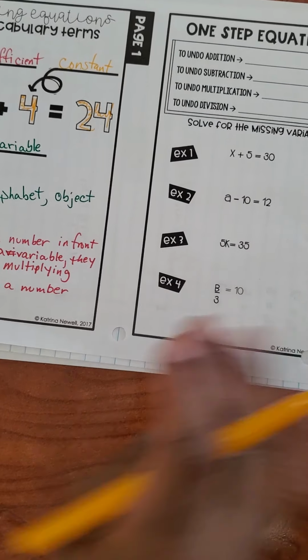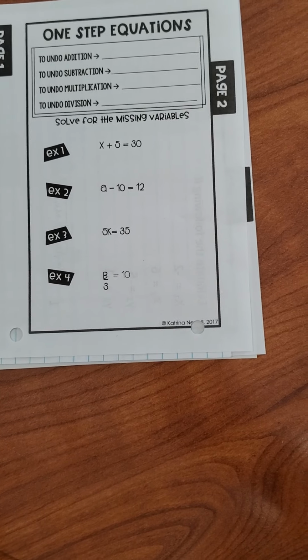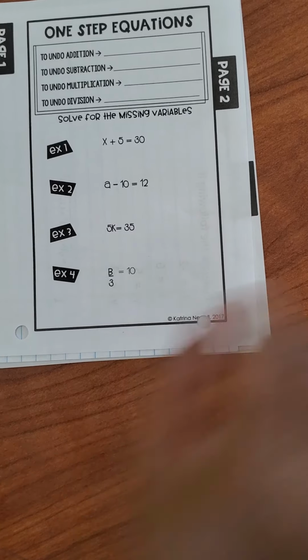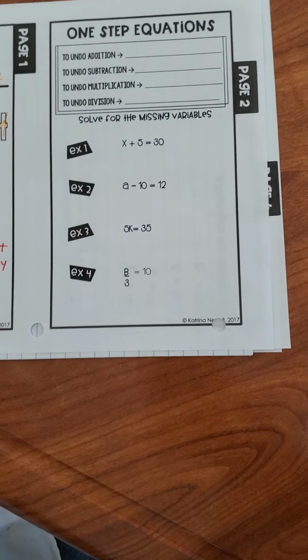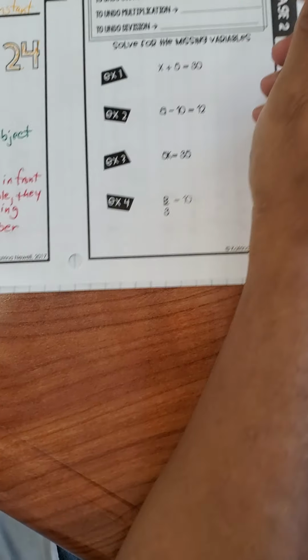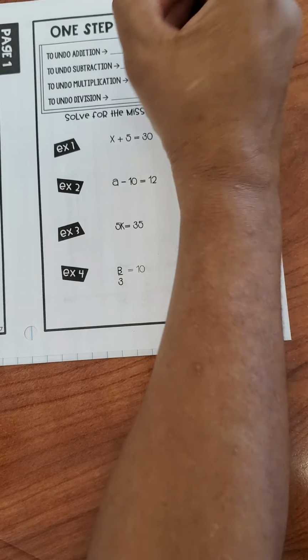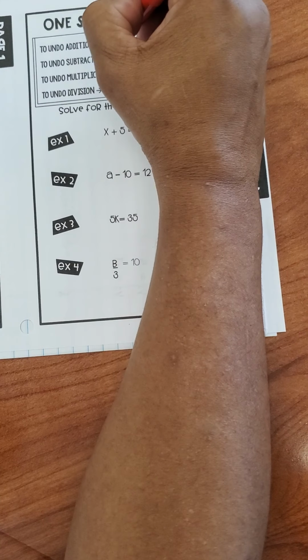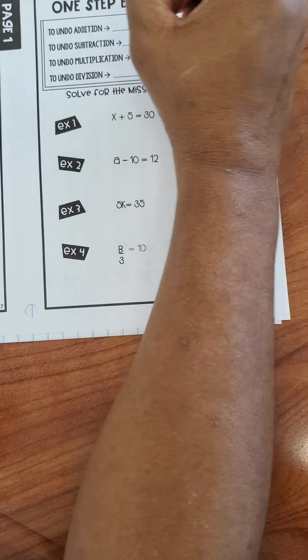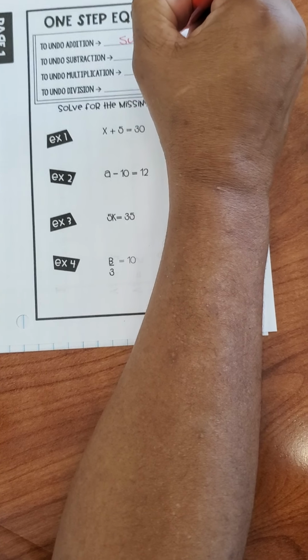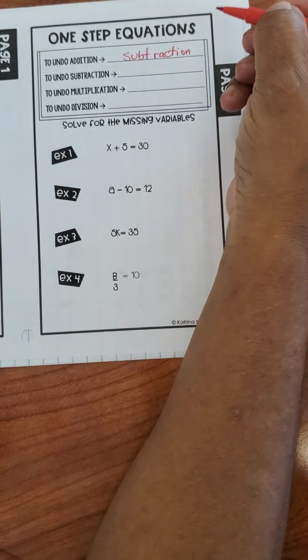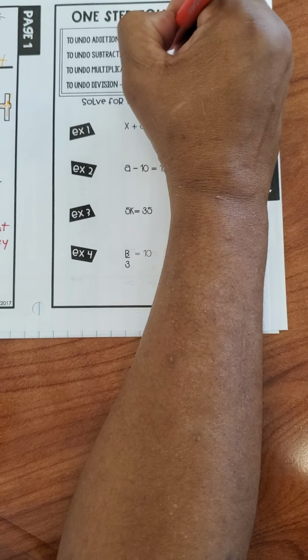Okay. Now let's solve some one-step equations. Remember, to undo addition, we use subtraction. We do the opposite. To undo subtraction, it's addition.